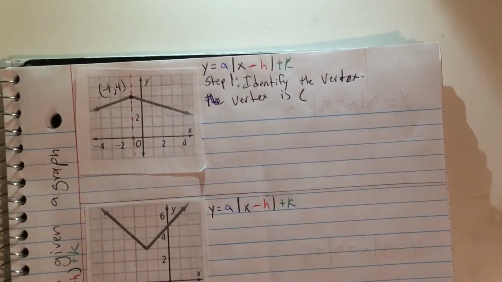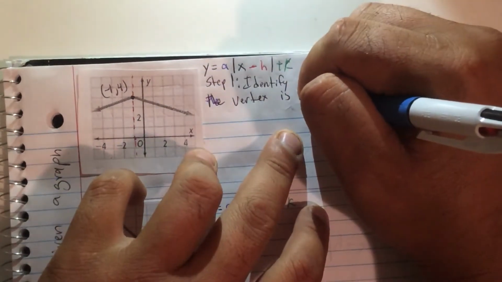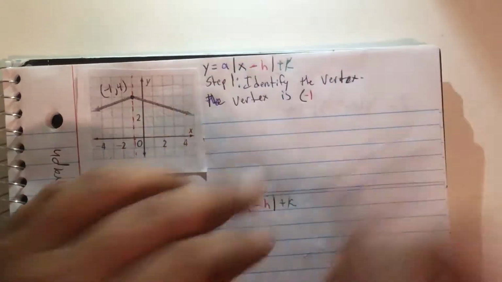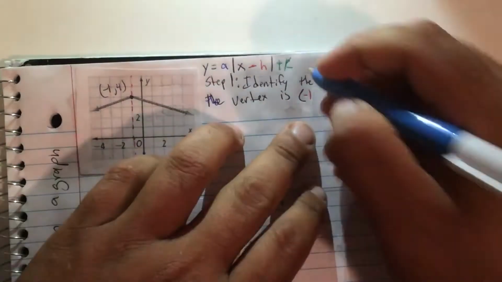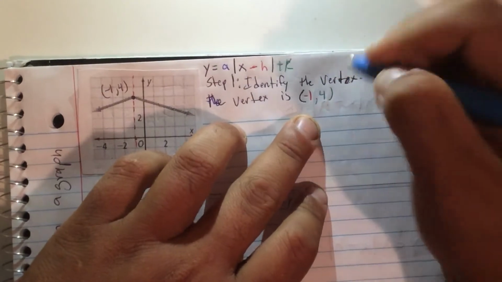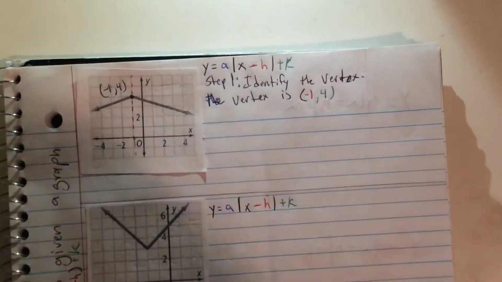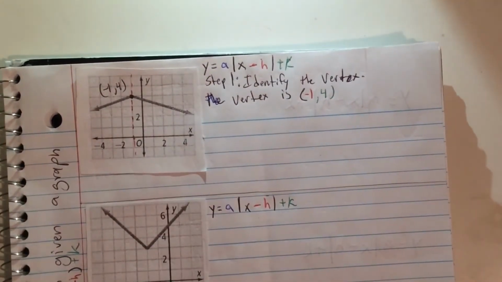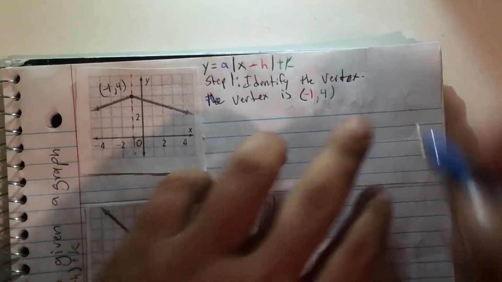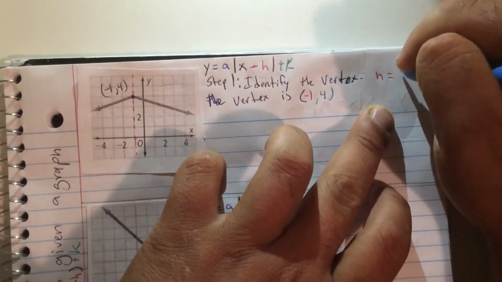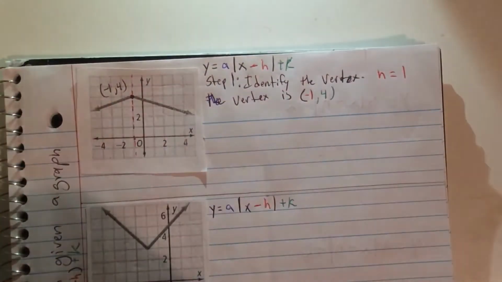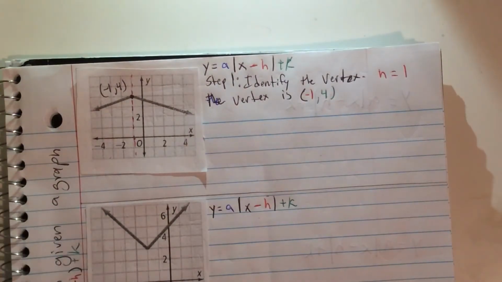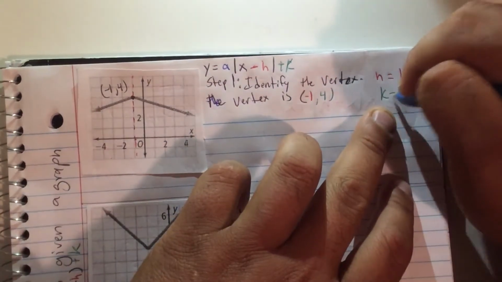But we're going to go ahead and write this in our HK format. So we have our -1 and our 4. So our H is, where is that? Our H is going to equal 1, and our K is going to equal -1.